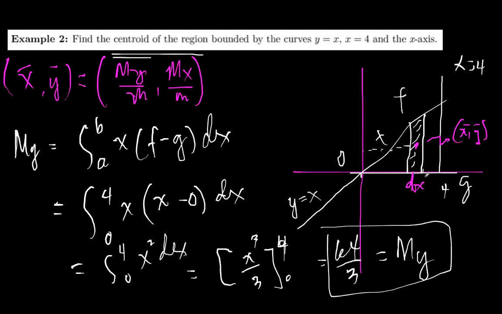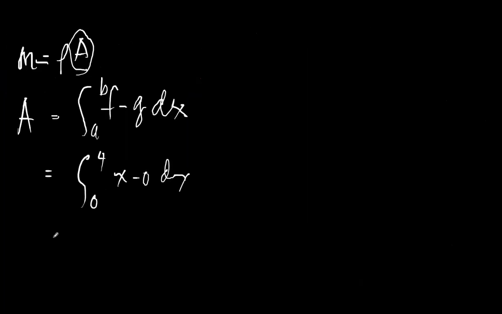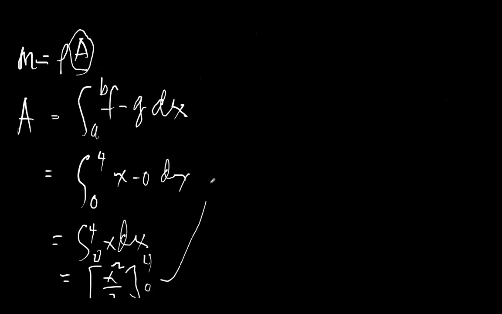Our f is the upper and our g is the lower. So this is 4 0 x dx, and this is equal to x squared over 2 from 0 to 4. Of course, this becomes 16 divided by 2. That's 8. This is the area.